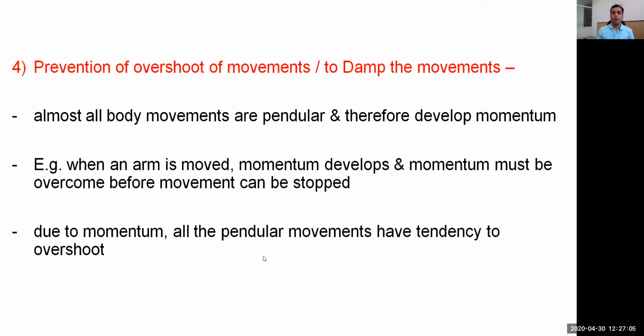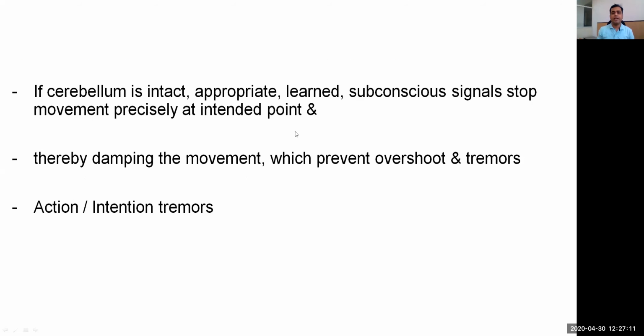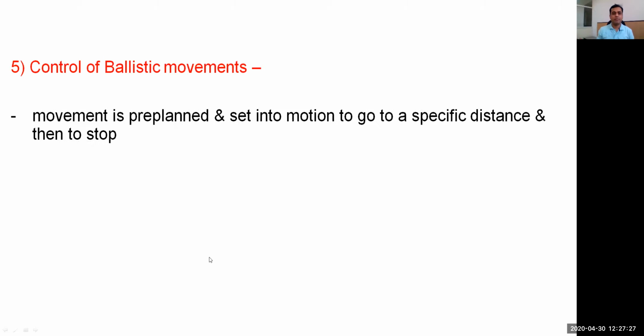Due to the momentum, all pendular movements have a tendency to overshoot. If cerebellum is intact, appropriate, learned, and subconscious signals stop the movement precisely at the intended point and thereby damp the movement, which prevents either overshoot or the tremors. The tremors are of two varieties, action tremors and the intention tremors.